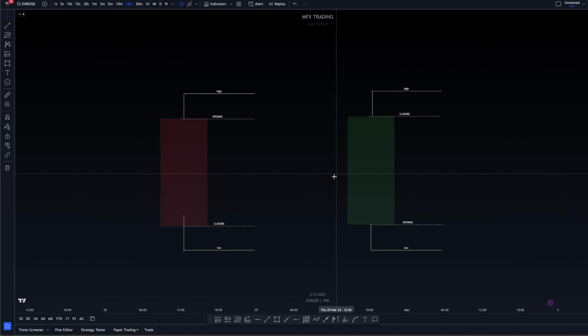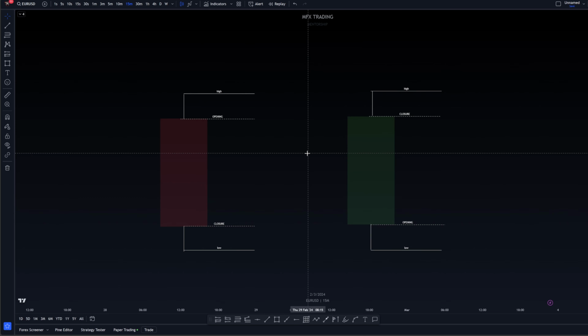Then we have the colors of the candle. That's also a standard thing. If you make a TradingView account, it's always just red and green. But a lot of people nowadays change the colors of the candles.